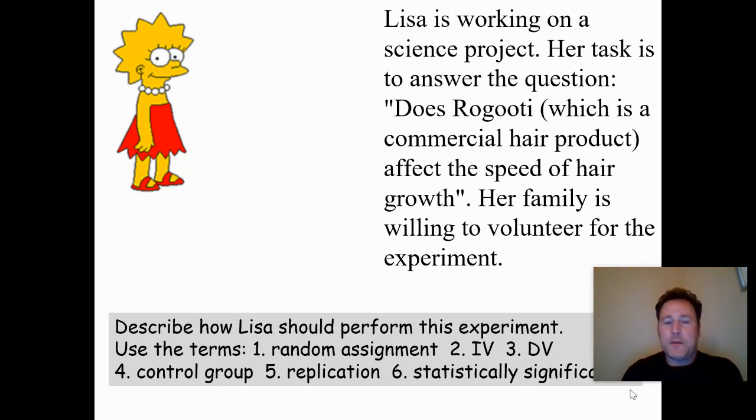Is that extra 0.25 millimeters statistically significant, or is that just due to random chance? That's what statistical significance is about. Is it due to random chance, or is it due to the independent variable, the Rogooti?